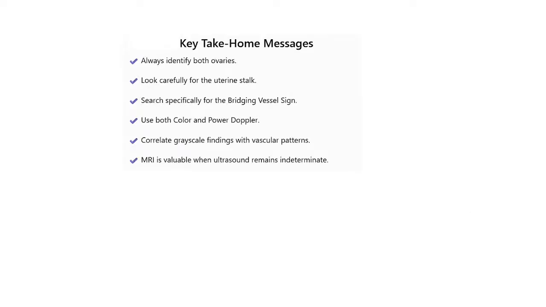So now, what are the key take-home messages? Always identify both ovaries. Look carefully for the uterine stalk. Search specifically for the bridging vessel sign. Use both color and power Doppler. Correlate grayscale findings with vascular patterns. MRI is valuable when ultrasound remains indeterminate.